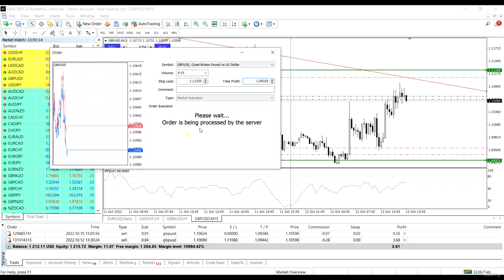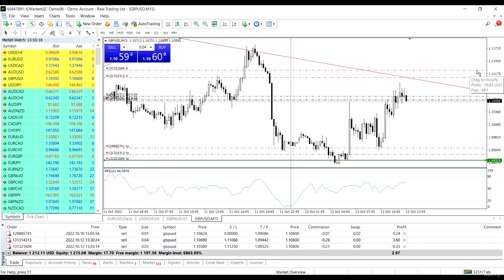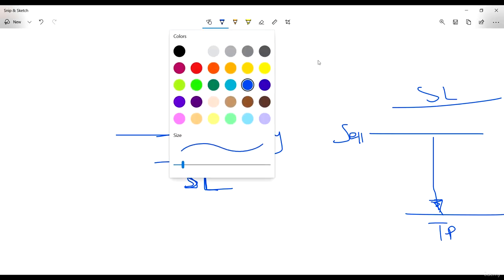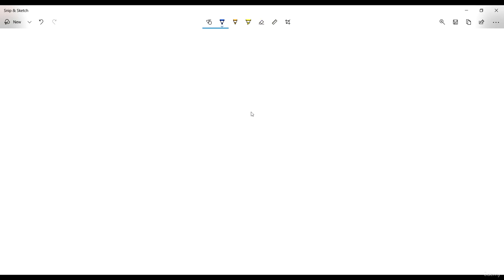Now when you sell, you can see that our stop loss has been placed here and our take profit has been placed here. So that's the simple way of using your stop loss and take profit orders, right? Good. Even though we are supposed to just cover the stop loss, that's it about your stop loss.